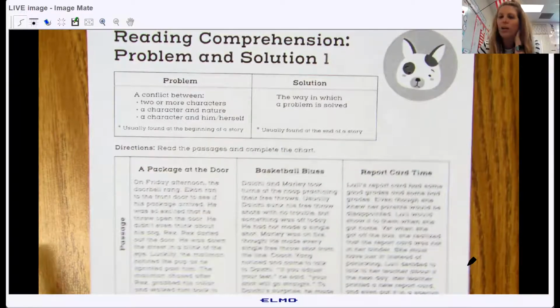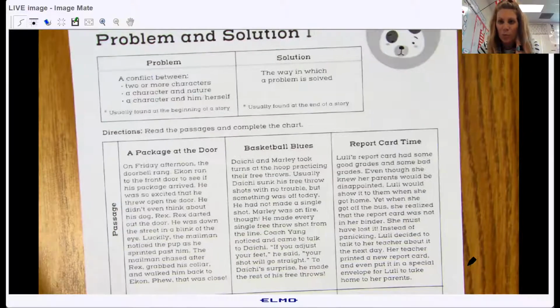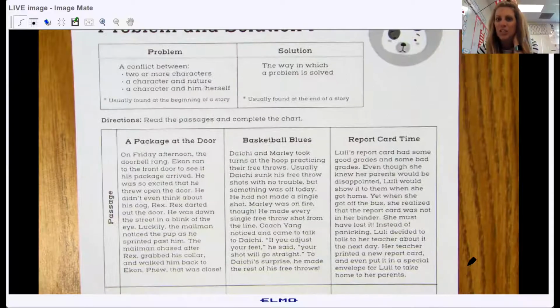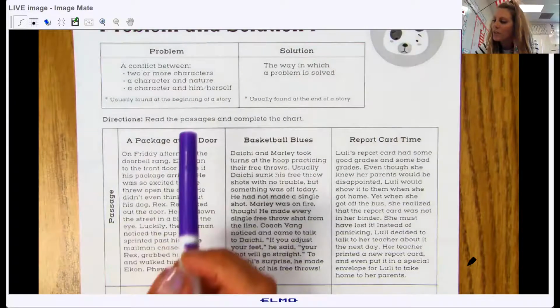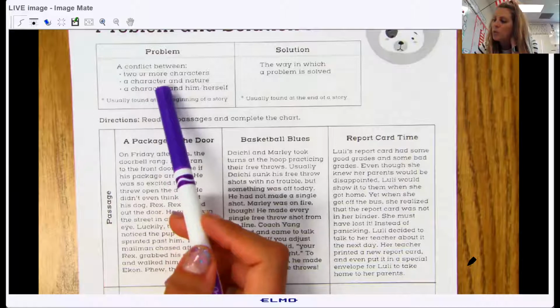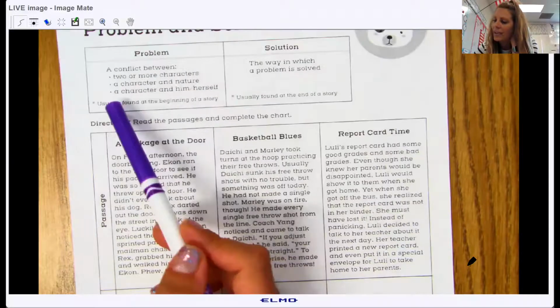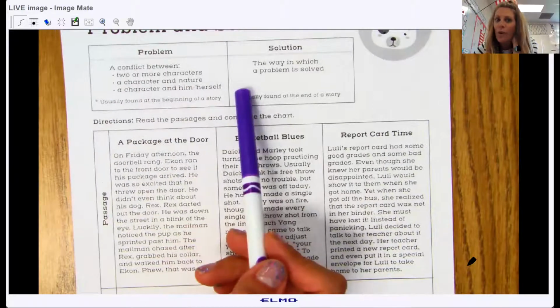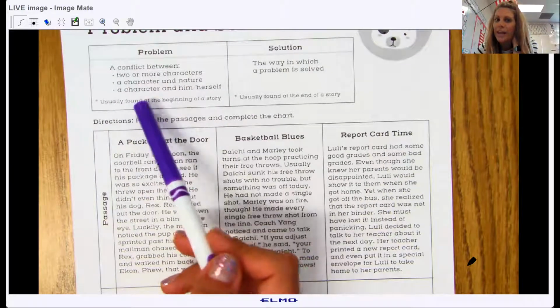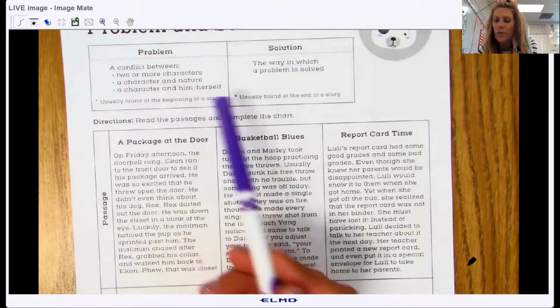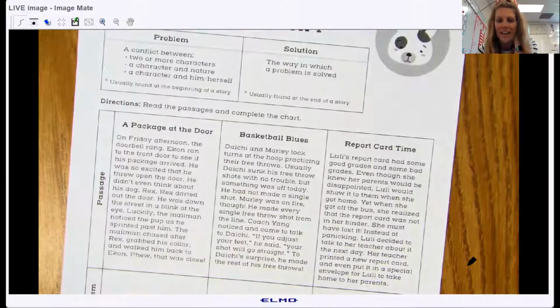But now we're going to move over, and most of the rest of the week we will practice with fiction stories where the conflict is going to be between two or more characters, a character and nature, or a character and him or herself. So an inner problem that they've encountered.